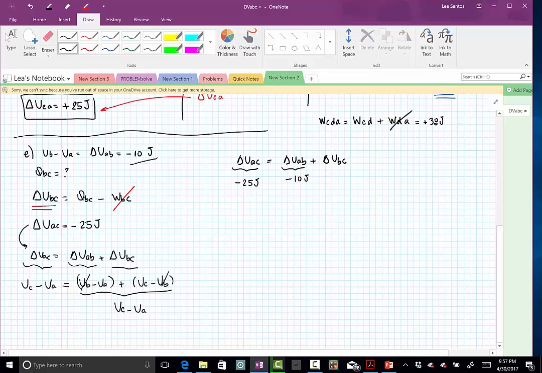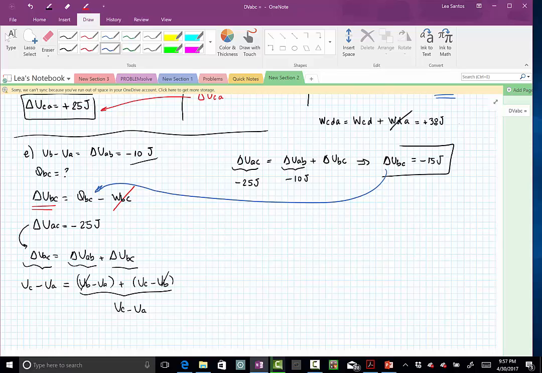Okay, so from this equation, we find delta UBC. Delta UBC is therefore minus 15 joules. Okay, this is what I need to find this Q. So this Q is minus 15 joules. And this is the end of the problem. Again, many steps involved in this problem, but if you understood 12, you should be better off with this problem 13.